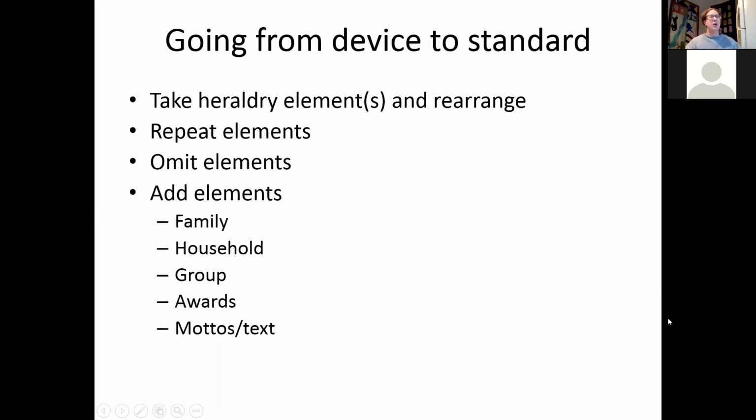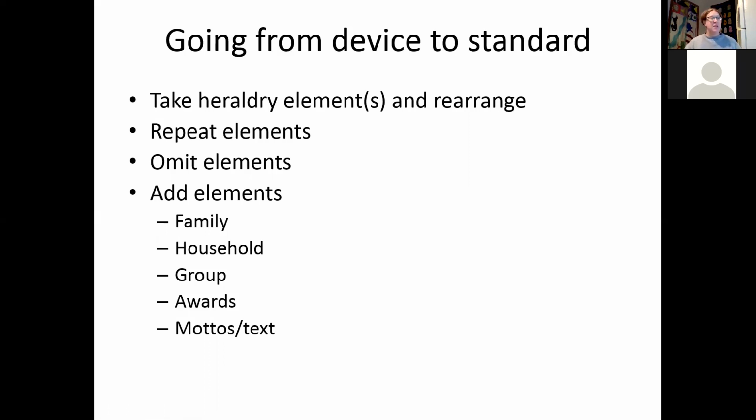Okay, so some key items going from your device to a standard, a pennant. A standard is kind of the long tapering flag. So take your heraldry elements, you can rearrange them, you can repeat them. I just said this, you can omit them. You can add elements.